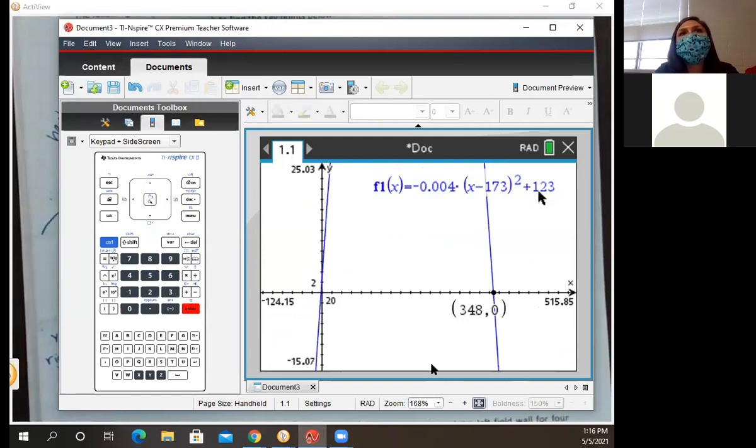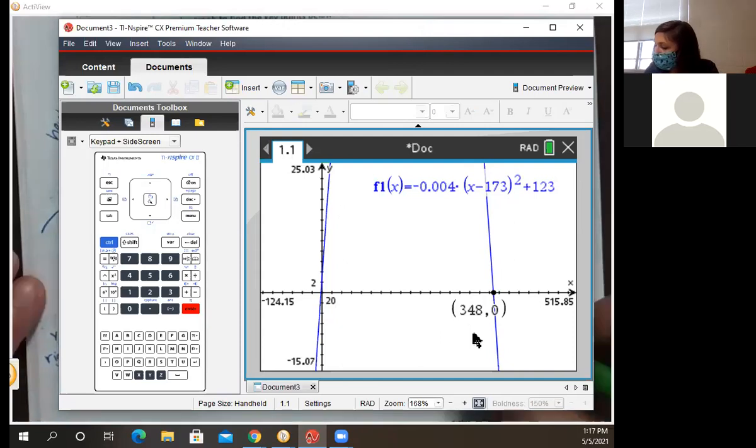Okay. And here we see a very tall parabola. I can't see the vertex, it's up here somewhere, but I can see both sides of it. And the nice thing here is that my x-intercept has sort of carried along with. So that right x-intercept, that landing distance, is 348. So I'm going to drop that down.